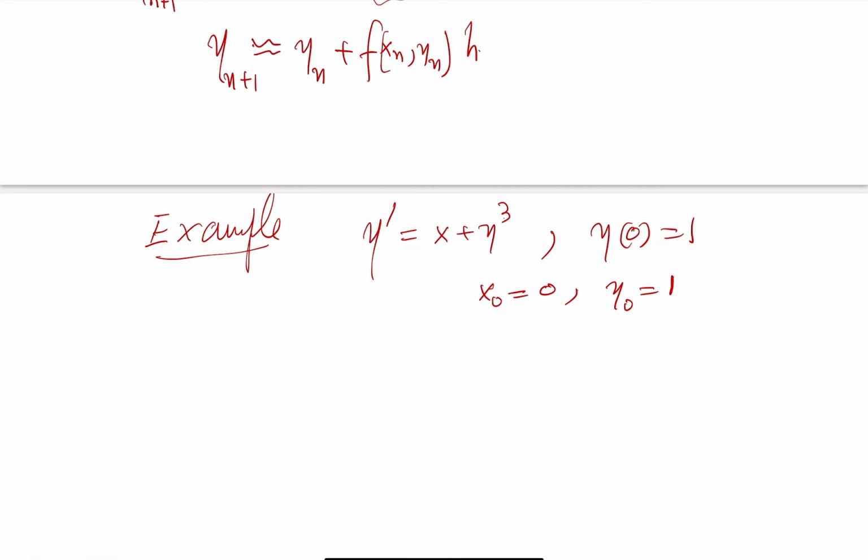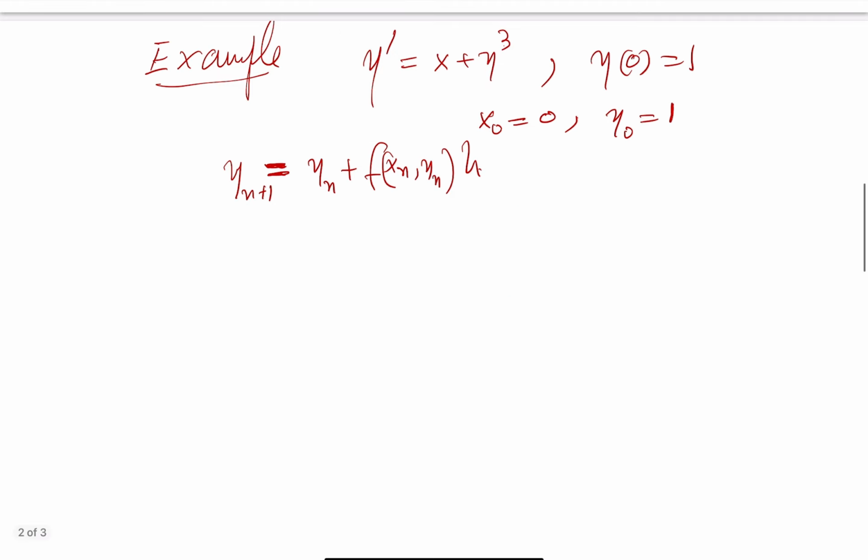We have y n plus 1 is approximately, or you can just say equal, that's fine, y n plus f of x n, y n, times h. I just use this one, so we can use it.